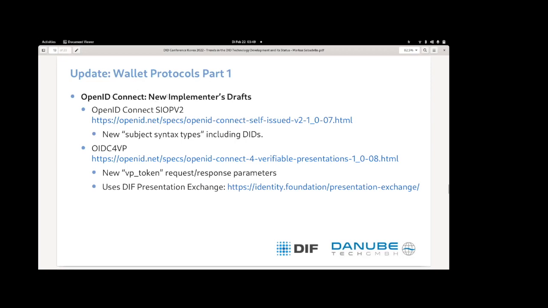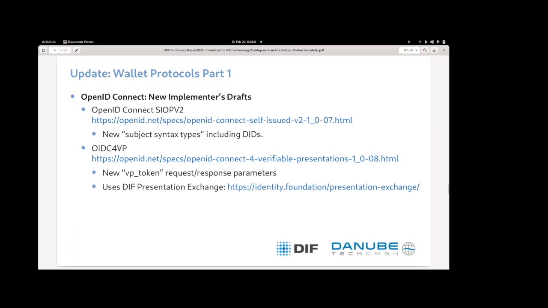Just recently, there have been 2 new draft specifications for something called SIOP version 2. This means self-issued OpenID provider. This basically makes OpenID Connect compatible with DIDs. I think this is getting a lot of attention in the community.